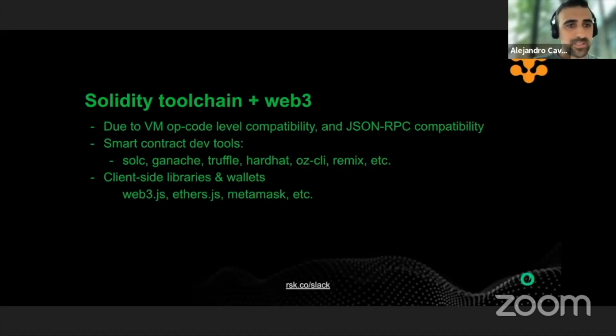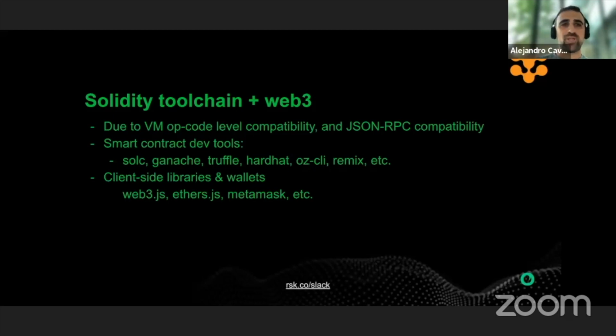For example, Solidity, the compiler, Ganache, Truffle, Hardhat, the OpenZeppelin contracts, Remix, and obviously the libraries, Web3.js, Ethers.js, wallets like MetaMask. I would say that any wallet that is compatible with Ethereum, you can make it work with Rootstock just by changing the endpoint. So it's really easy to start doing things with Rootstock.